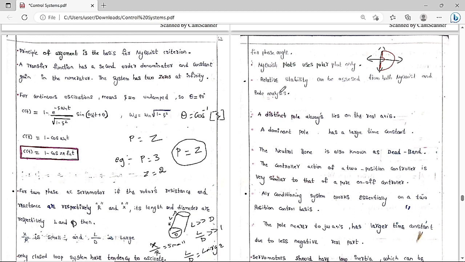The next point is the relative stability can be assessed from both the Nyquist analysis as well as the Bode analysis. Even through the Routh-Hurwitz criteria also we can figure out the relative stability. So relative stability can be assessed from the Routh-Hurwitz criteria, Nyquist analysis as well as the Bode analysis.